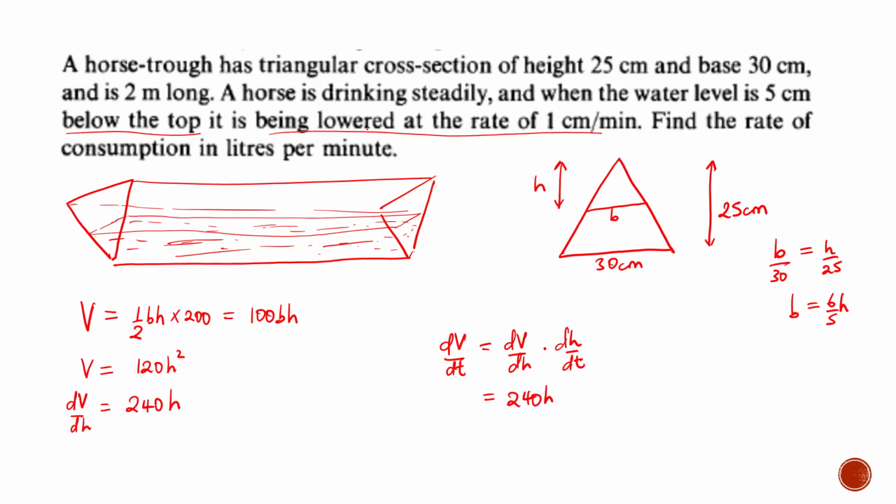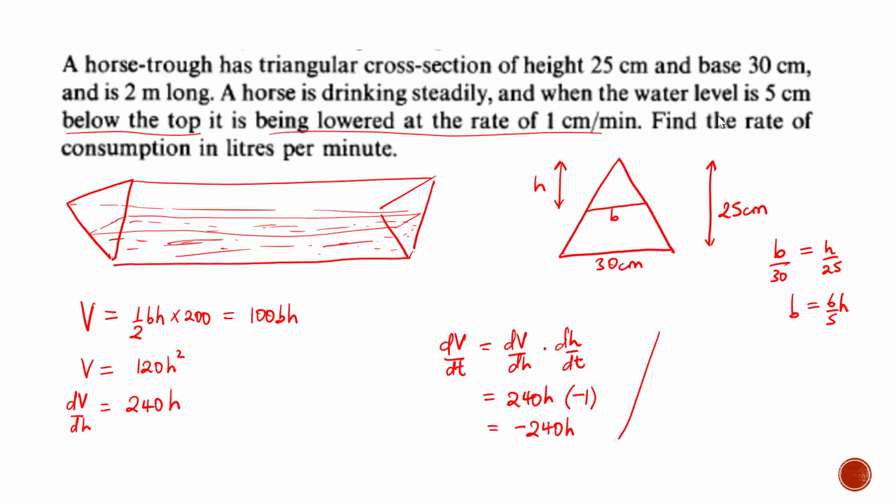Notice that the water level is being lowered at a rate of 1 centimeter per minute. So the lowering means that it's decreasing, so the rate of change there is negative and not positive. So this is going to be negative 240 H as dV/dt. But now we want dV/dt at a certain H value.